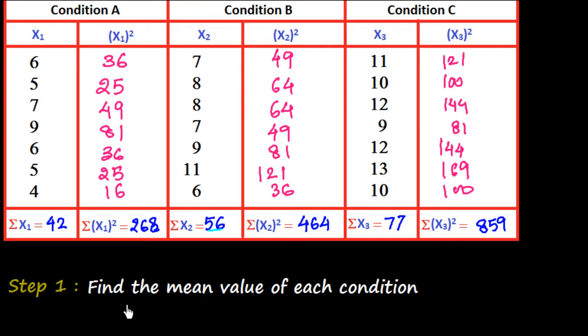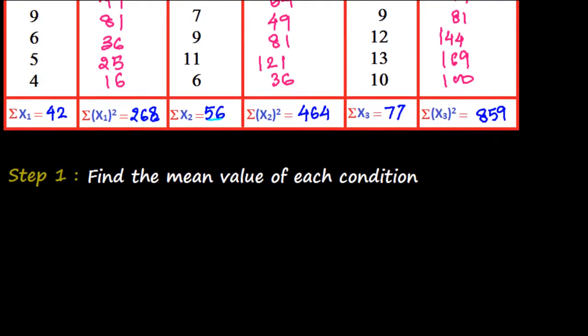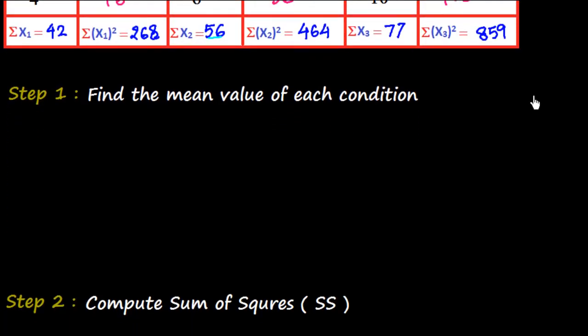Now we find the mean value of each condition. First we find the mean value of x1. So x1 bar is equal to the summation of x over n.